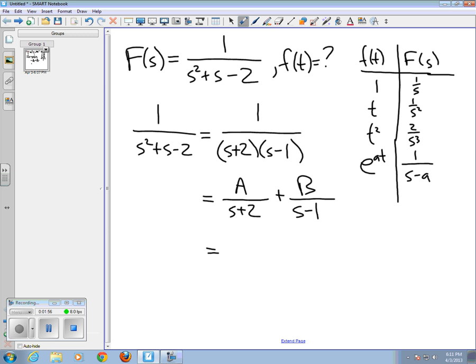And then we add these two fractions together to get a common denominator. So we have A times s minus 1 over s plus 2 times s minus 1. So I multiply the top and bottom of the first fraction by s minus 1. And then on the second fraction, we multiply top and bottom by s plus 2.